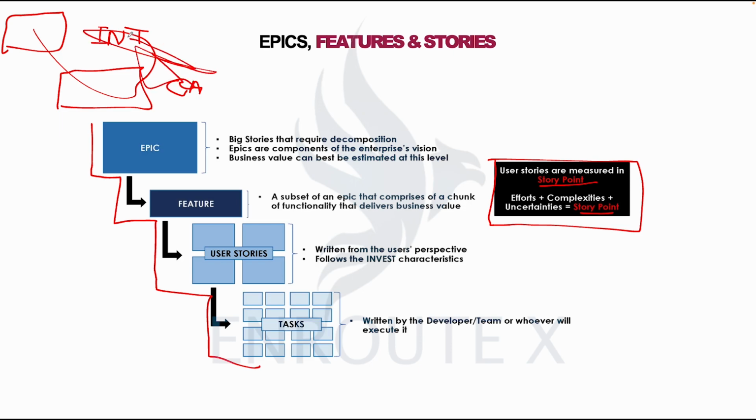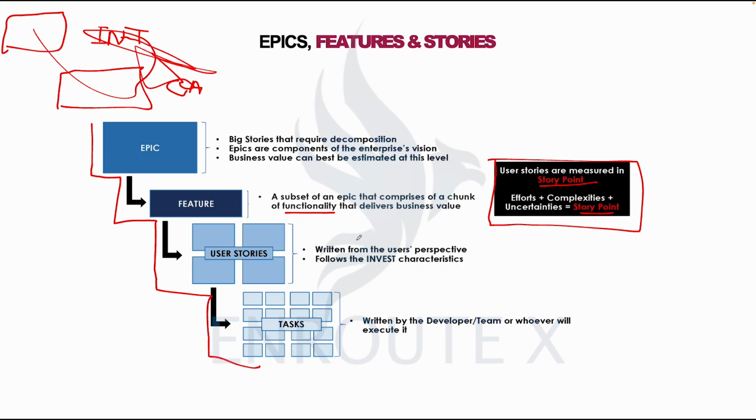Just note that you have the epic. Epics are big stories, big blocks of the vision. You have features. Features focusing on functionality. Features are not different from user stories, but this time around you are putting similar user stories that would deliver a feature.